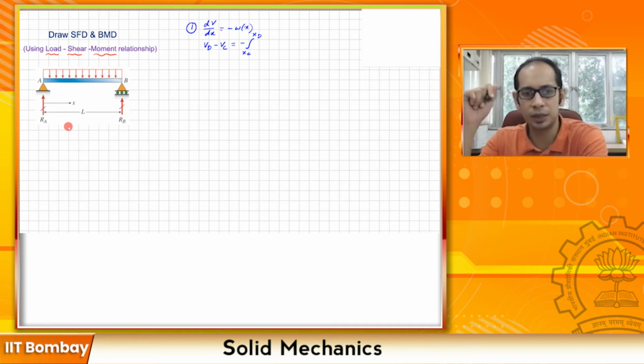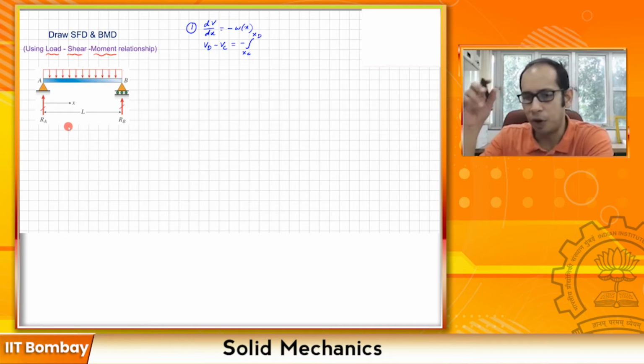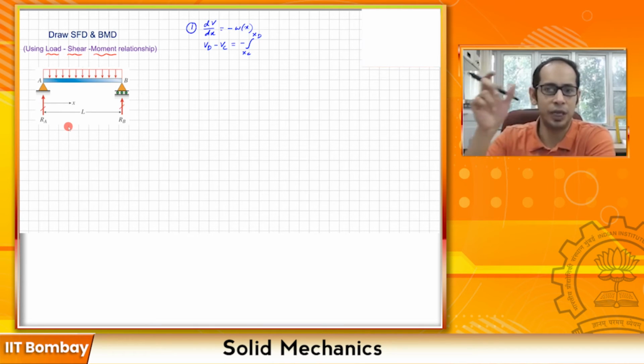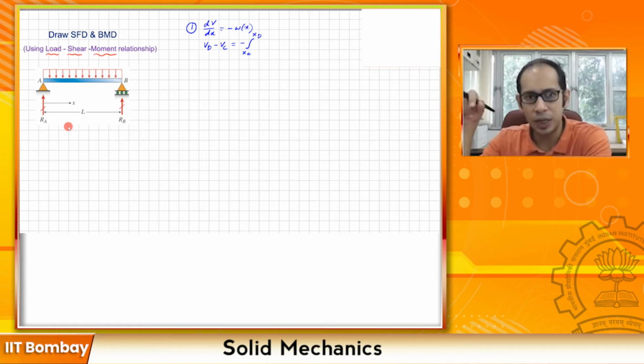Remember, these relationships are all derived by taking the distance from left to right. While in the method of sections you were, according to your convenience, taking a section on the left or on the right, here the relationships which we derived were always going from left to right.